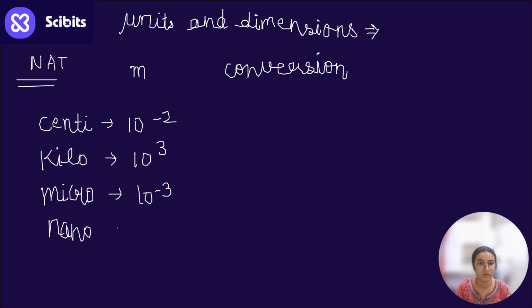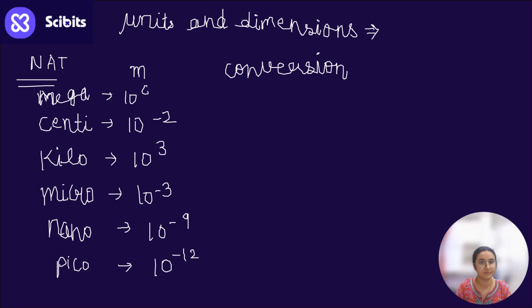Nano, it's capital M, okay. Oh sorry, micro is 10 to the power -6. I was about to write milli. Milli is 10 to the power -3.